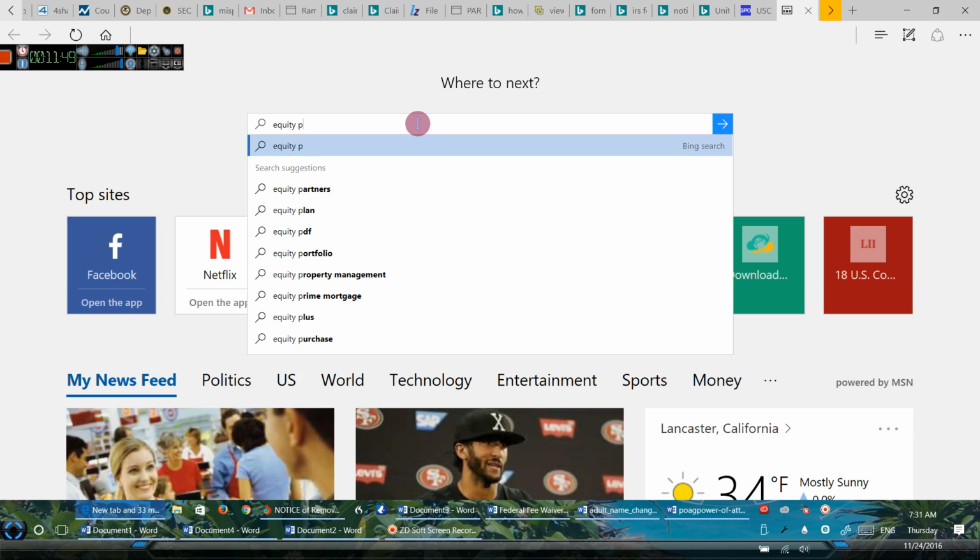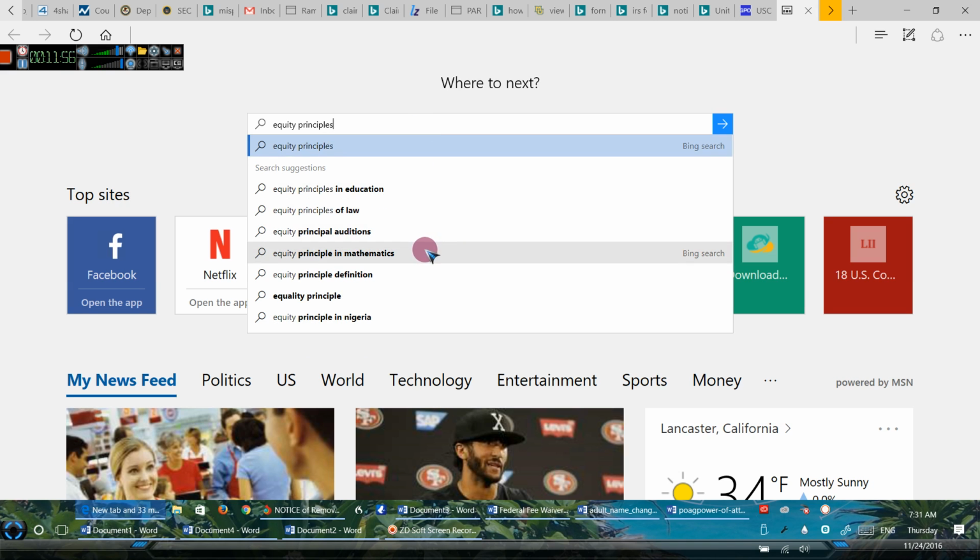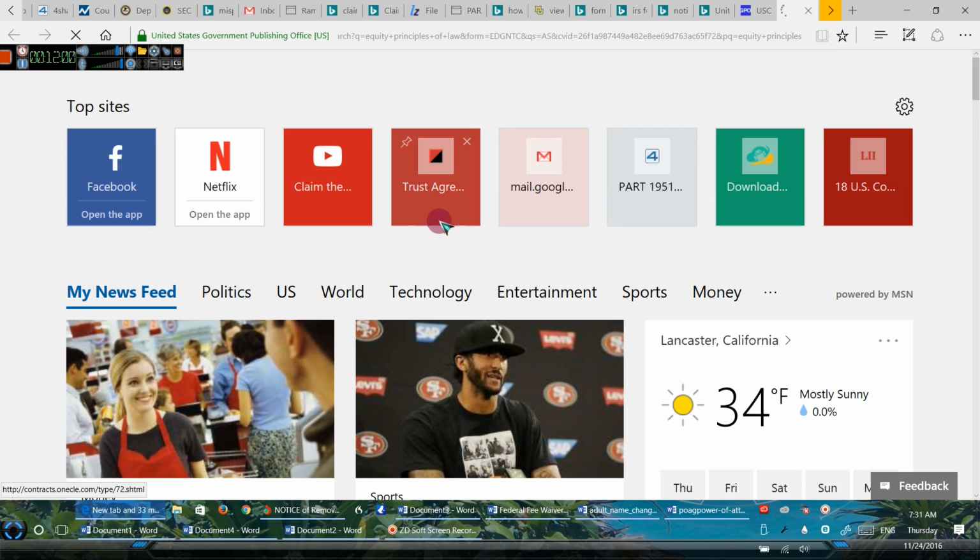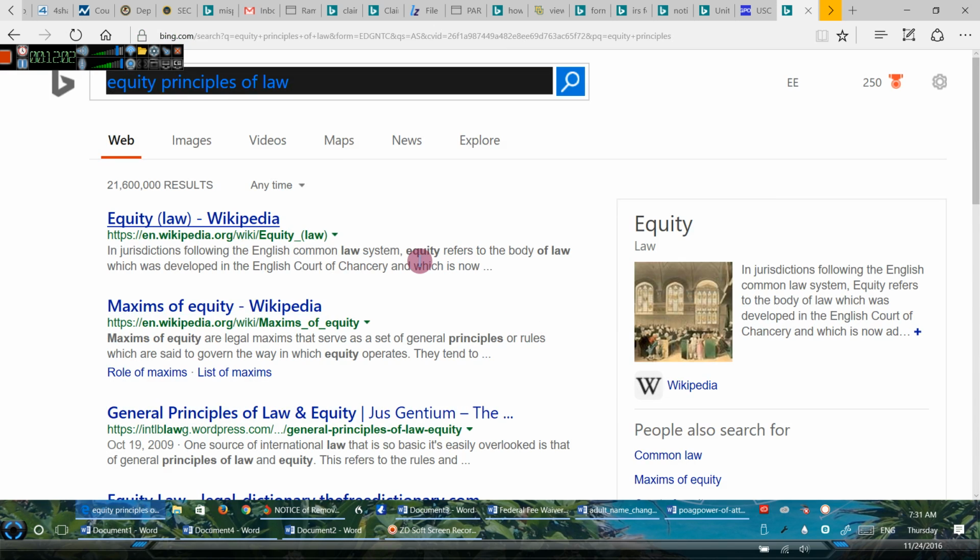Equity principles of law. That's what I want. Equitable principles of law. I could go to Wikipedia, but let's go here, because it says general principles of law and equity.